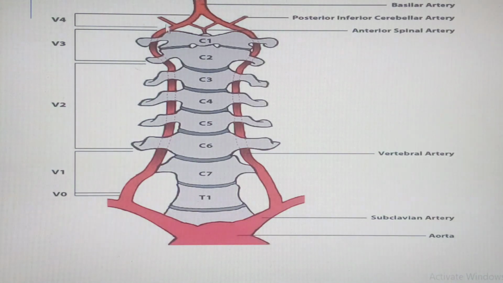Now the fourth part has actually entered the cranial cavity, so to speak. So we call it the intracranial part.